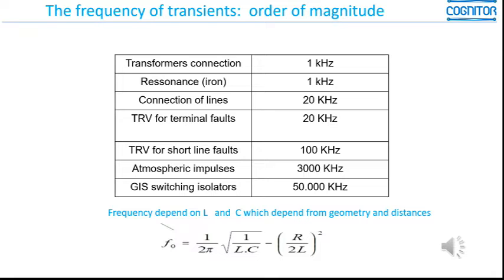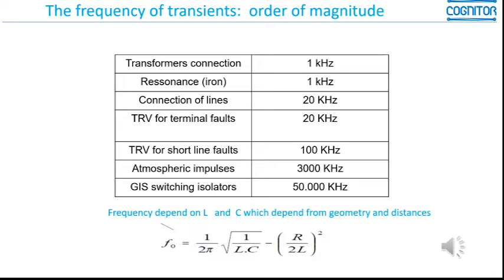For the transient recovery voltage, which occurs when a circuit breaker is opening a short circuit, in the case of terminal faults, we have an overvoltage wave with a frequency around 20 kilohertz, and so on.